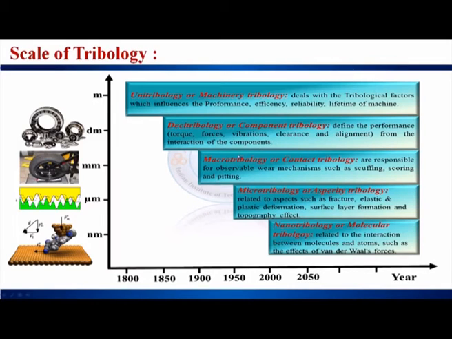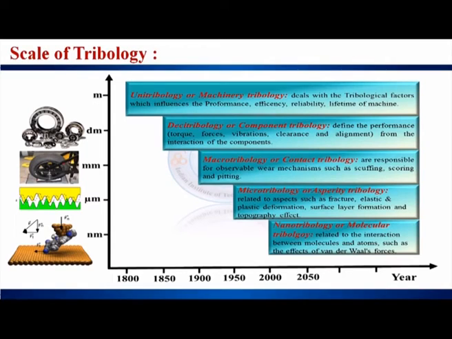And then when we are talking about milli tribology, or macro tribology rather we can say, or contact tribology, it is responsible for observed wear mechanisms such as scuffing, scoring and pitting. Then we are talking about micro tribology.